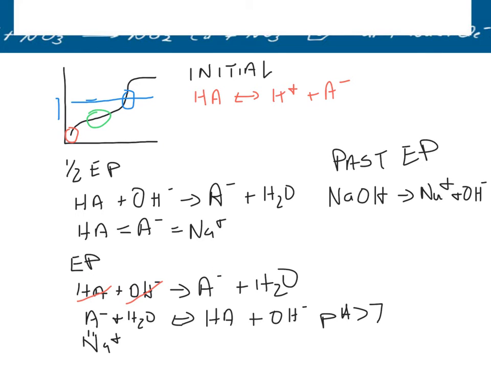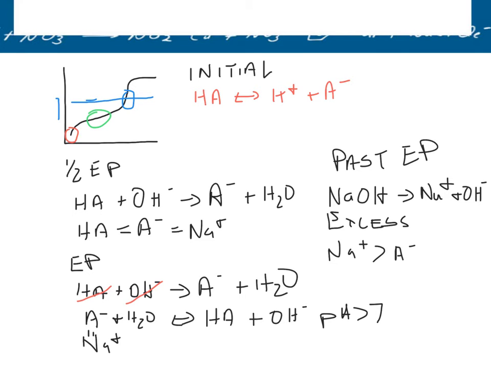This is already a base, so it can't really interact with this as a base. It can't have any more protons taken away from it. So all we're doing past the equivalence point is just adding excess amounts of our strong base. So that means after the equivalence point, we are now going to have greater amounts of counter ion than we have conjugate base. There's not going to be any acid present.